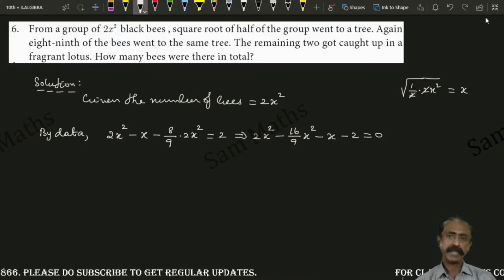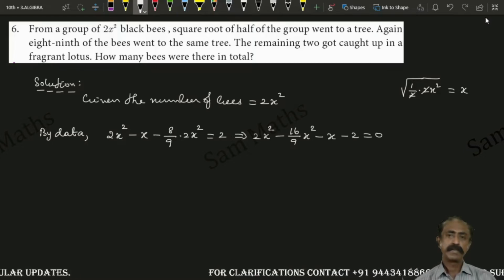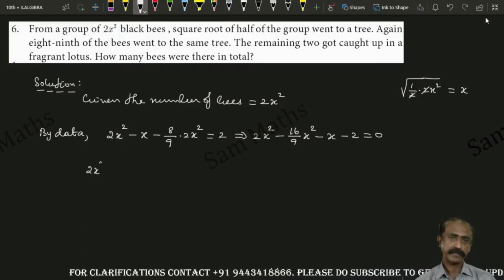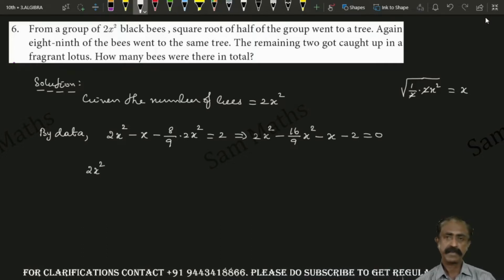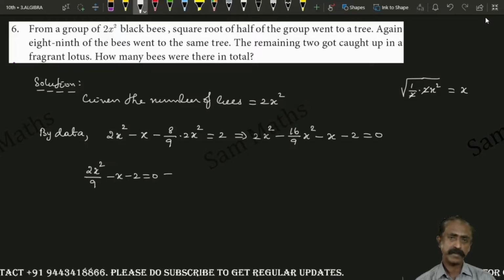Now we can take LCM for first two terms. What we'll get? 18x square minus 16x square. It becomes 18 minus 16 is 2x square. Clear, children? By 9 minus x minus 2 equal to 0.